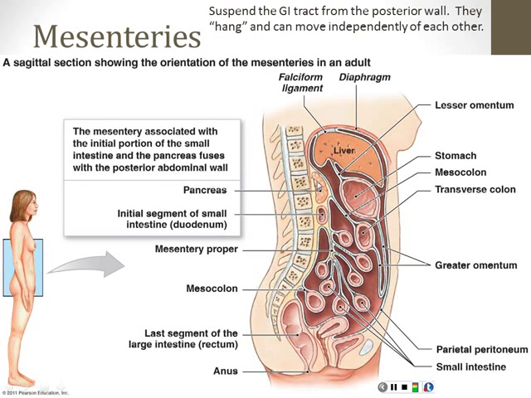Now, it is important to note that there are a couple of digestive system parts that are not suspended out here, but are instead behind that cavity. Okay, so if this is the cavity in red, well, what are these two things? The pancreas and the first part of the duodenum, which is the first part of the small intestine, they are both what we call retroperitoneal.